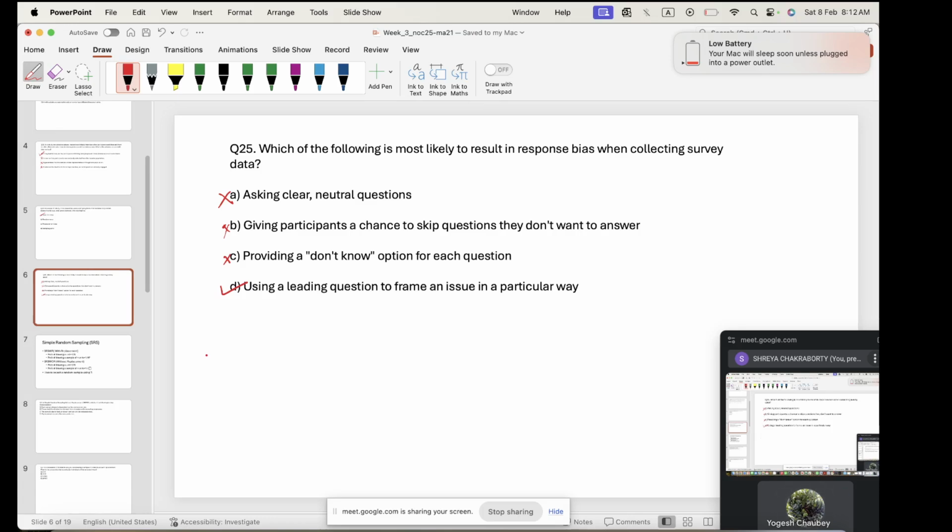So that would introduce a bias in my response. It will not be an unbiased thing. I would be more prompted, or more willing, to answer something rather than something else, if the questions are a little tricky. So I feel this is typically going to introduce more response bias.